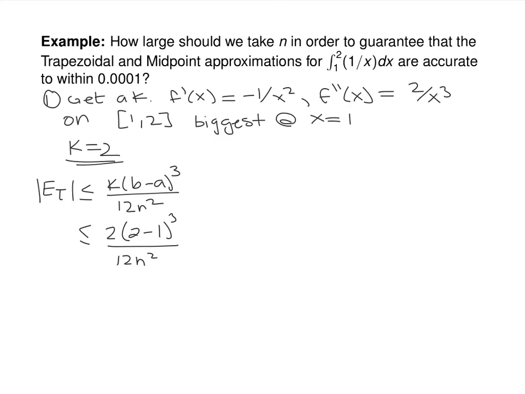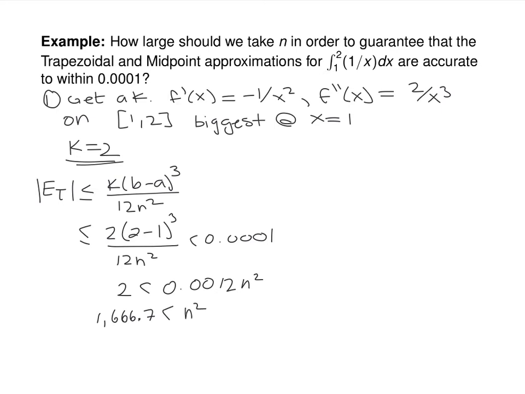What we want is this expression to be less than 0.0001. That's what we want to solve. So I'm going to multiply the 12n squared to the other side, and I have 2 is less than 0.0012 n squared. Now I'll divide by that 0.0012, and I'm going to approximate here, but I get 1666.7 is less than n squared.